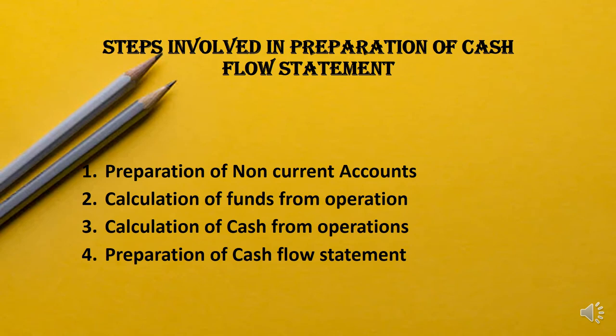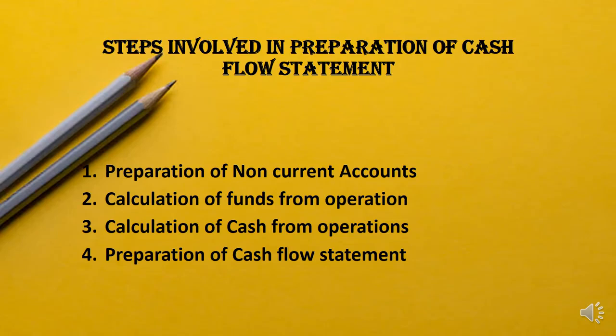essential. If no additional information is given for non-current accounts, the sources or uses of cash can be found out by comparing the current year's figure of concerned assets and liability accounts with the previous year's figure. In case any additional information is given for non-current accounts, it is necessary to open an account for each non-current asset and non-current liability to dig out the hidden information as a balancing figure.